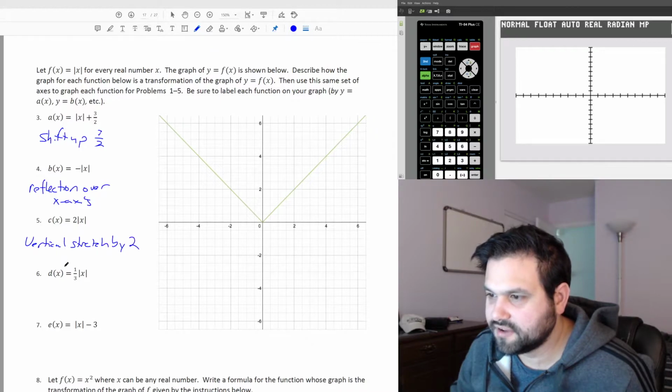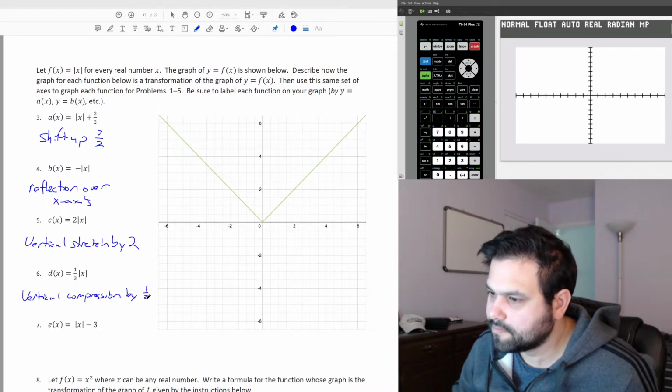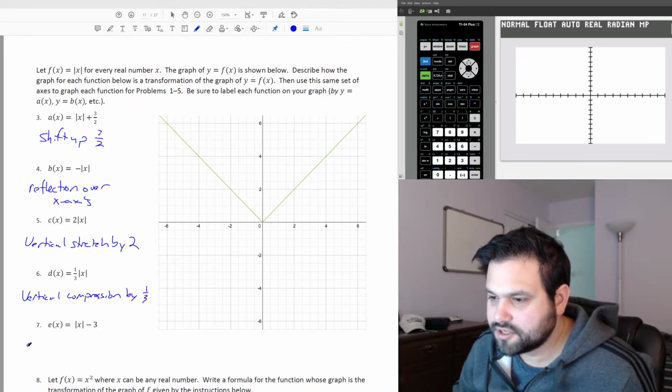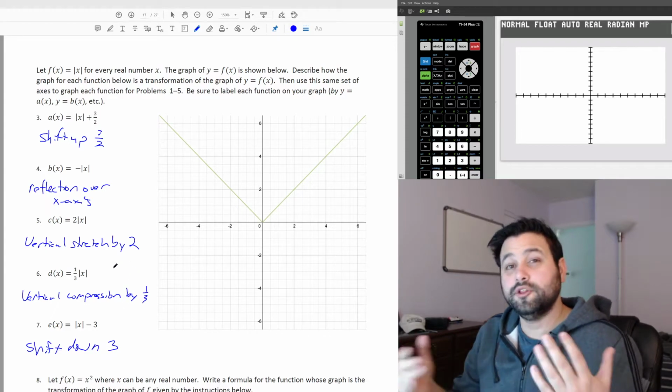And this is a vertical compression by 1/3. And here we're going to shift down 3 units. Okay, so those are the transformations. What do they look like graphically, though?